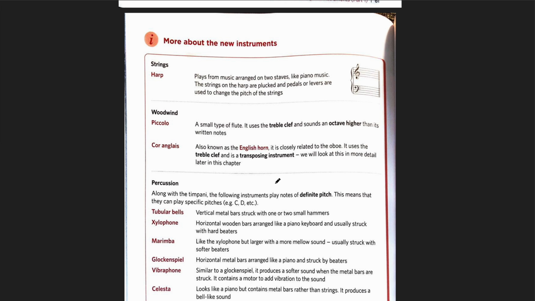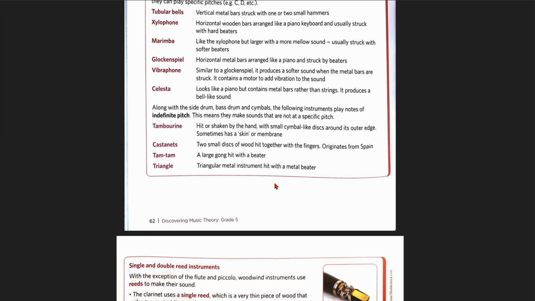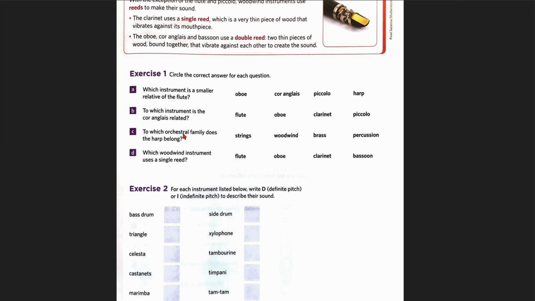It's used in the treble clef and is a transposing instrument. We'll look at that in more detail. Tuba, bells, xylophone, marimba, glockenspiel, vibraphone, celesta are in the percussion. Tambourine, castanets, tam-tam, and triangle are also, but they are of indefinite pitch.